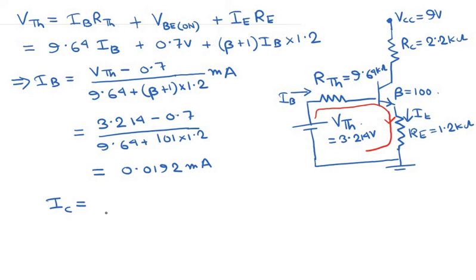IC is equal to beta times IB, which is equal to 100 into 0.0192 milliamperes, which is equal to 1.92 milliamperes. Okay, so we have found the DC component of the base current and the DC component of the collector current. Now we have to find the small signal parameters.